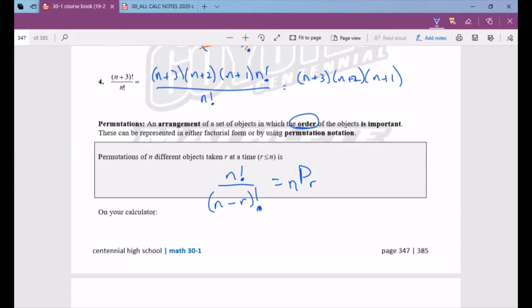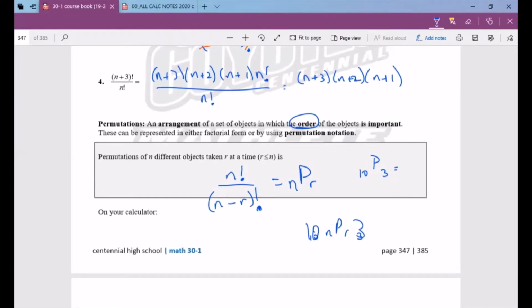You'll need to type in your number first. So if we are doing 10P3, you would type in a 10, and then hit your nPr button, and then type in 3.